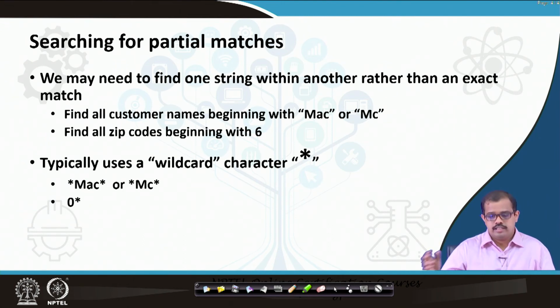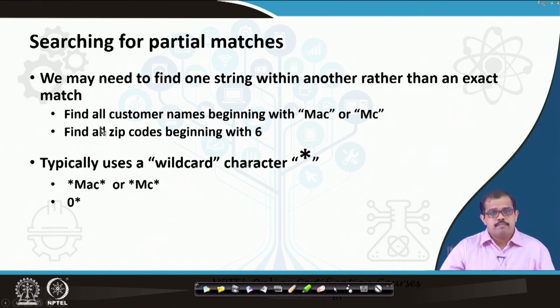So if you want to query, name is equal to Mac and Mc. It will give you all the names that are Mac or Mc, so that will give only those names which are there.